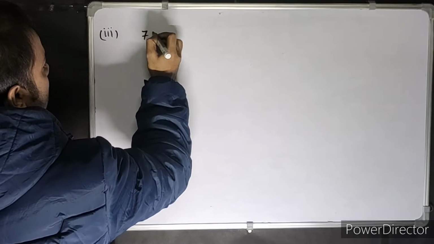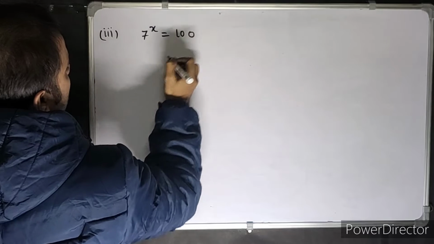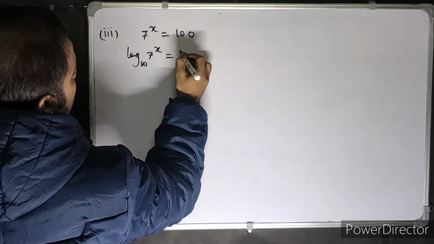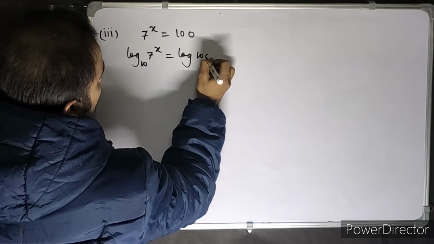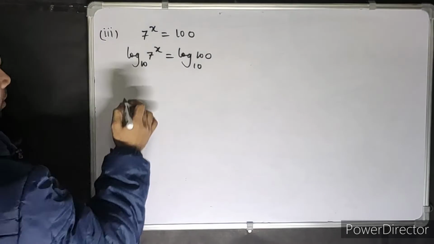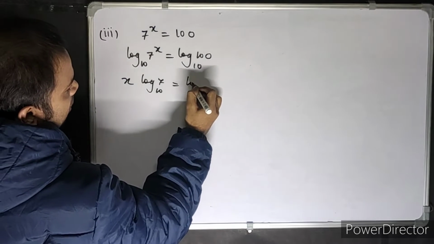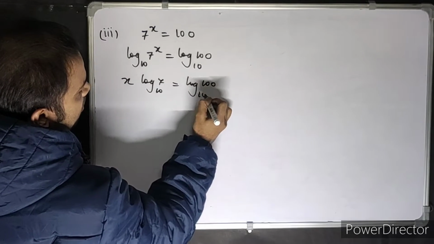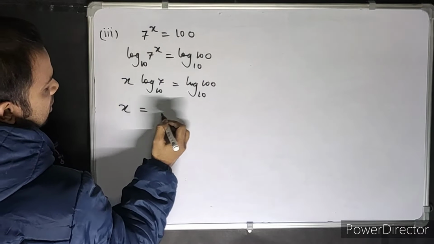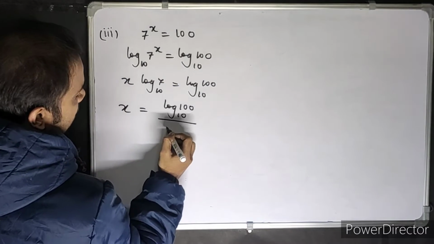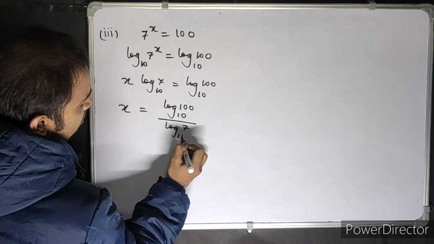It's given 7 to the power x is equal to 100. So log on both sides: x log 7 base 10 equals log 100 base 10. x is equal to log 100 base 10 divided by log 7 base 10, which is log 100 base 7.